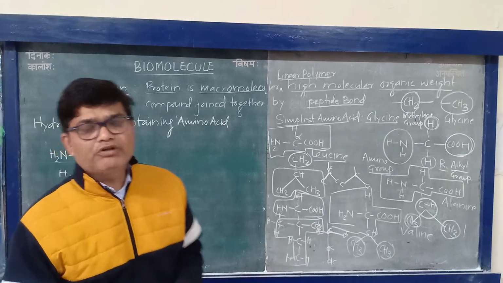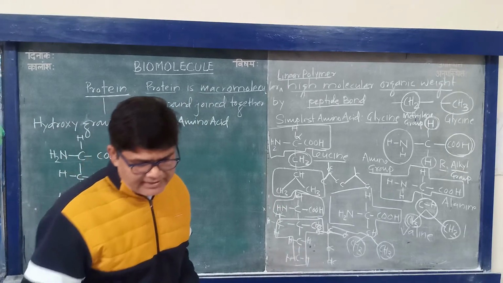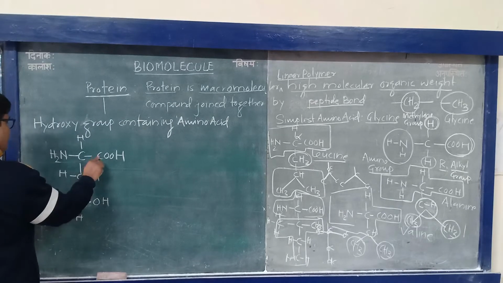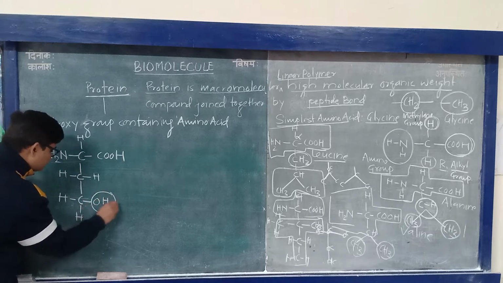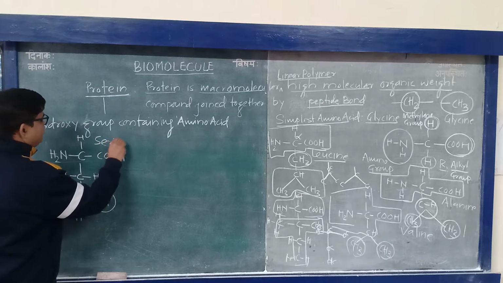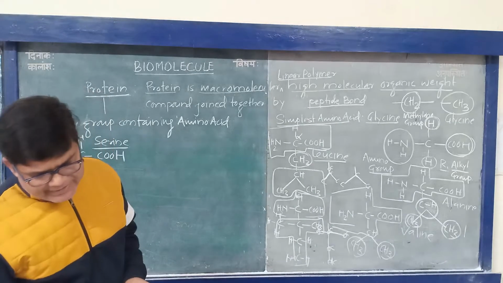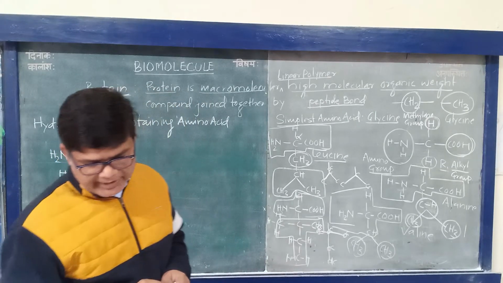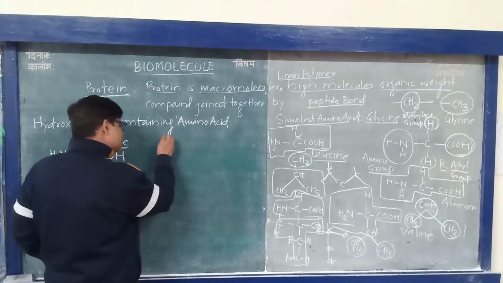So try to understand what is the total number of carbons in this case. That is 4: 1, 2, 3, 4. And you can add one hydroxy group. So that amino acid is known as serine. This is the particular amino acid that has one hydroxy group. Next amino acid, that is threonine.